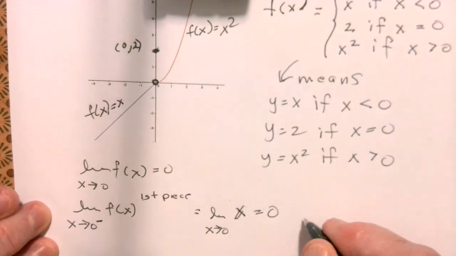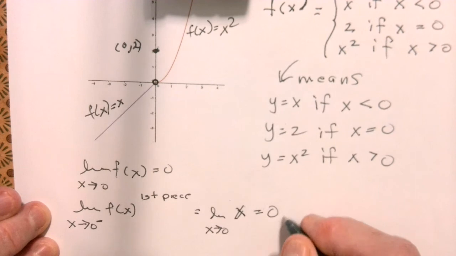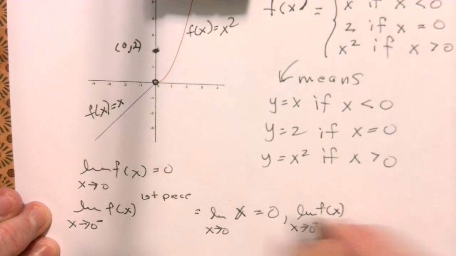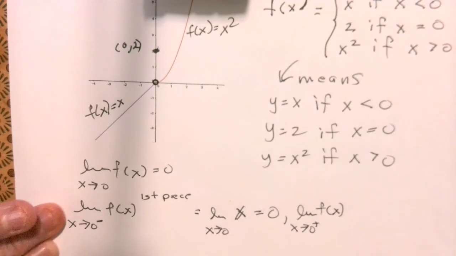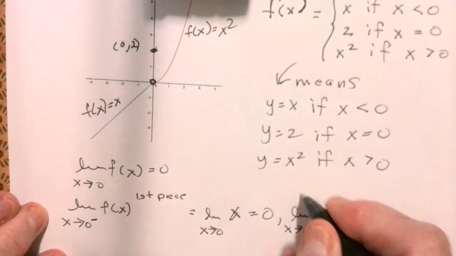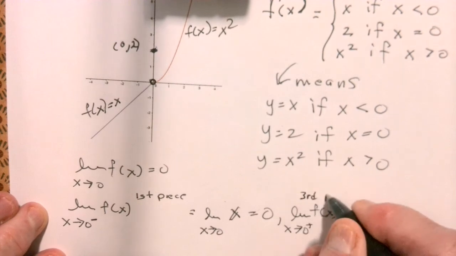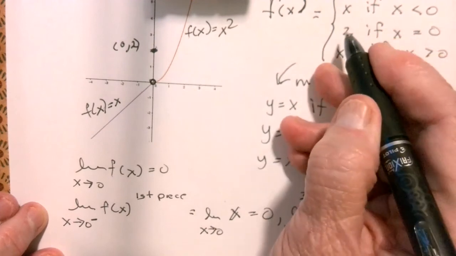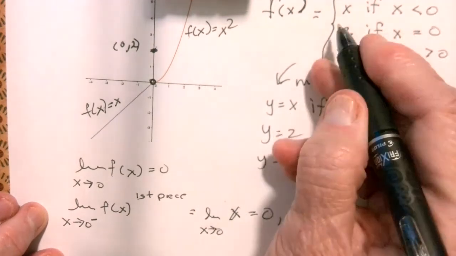Now, we can also look at the limit as x approaches 0 from the right. So you can see it's coming into 0, but now notice it's actually the third piece, because it's not when x is 0. If x is 0, it's 2.